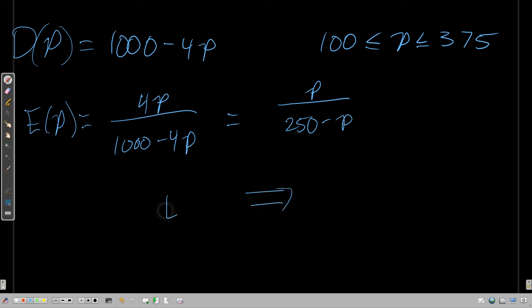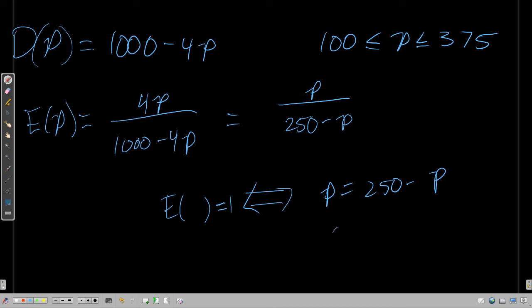Then E of P equals 1. Well, that's going to be wherever P equal to 250 minus P is satisfied.